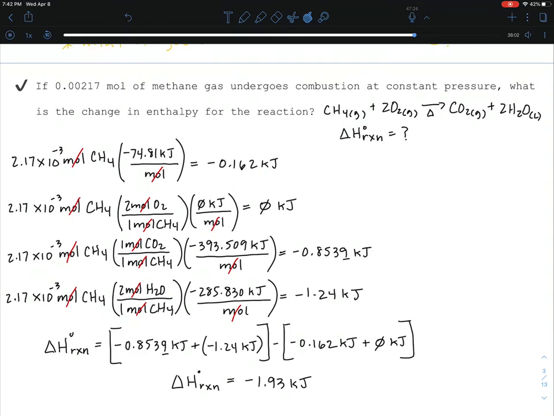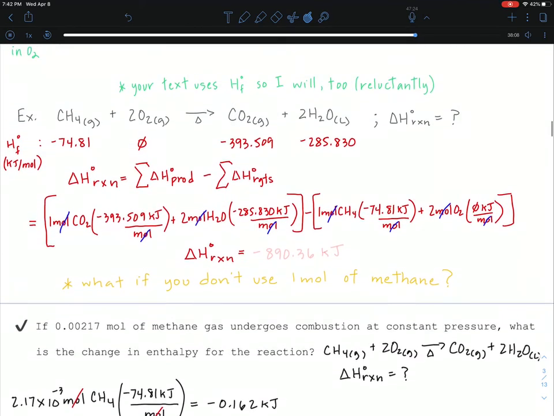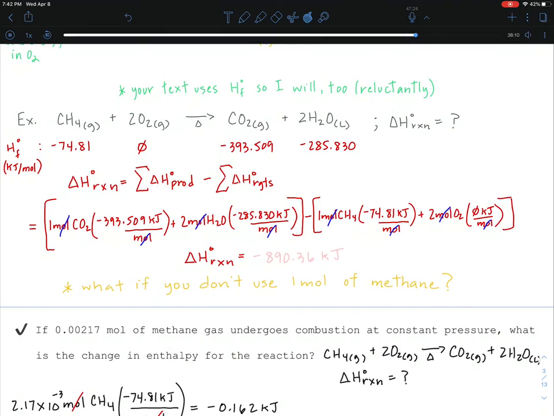Wait, that looks awfully familiar. Did I accidentally write down? I did. I'm sorry. Let's roll back up here and erase this. I was looking at the wrong thing. This up here is actually much bigger than that. Let me add this up.